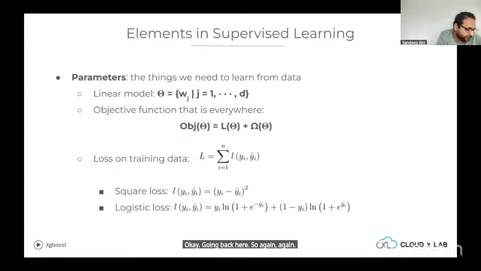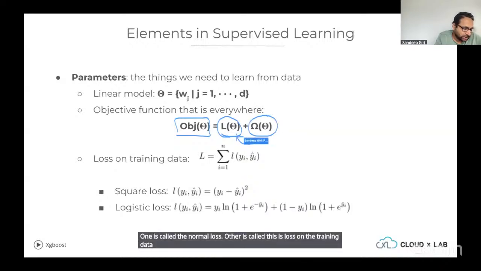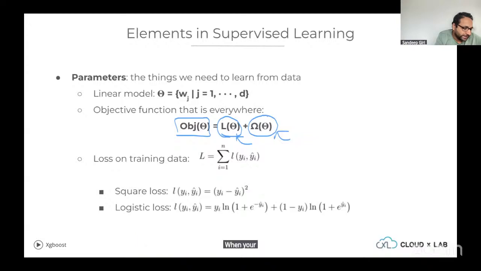Again, the overall objective that you're seeing here has two parts. One is the normal loss, which is the loss on the training data, mean squared error, and so on. This one is basically the regularization loss. When your model is completely untrained, all the weights are, let's say, 0.